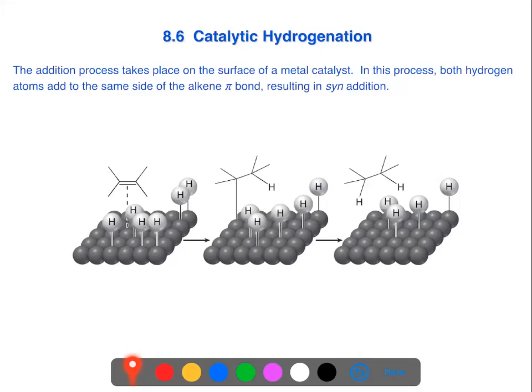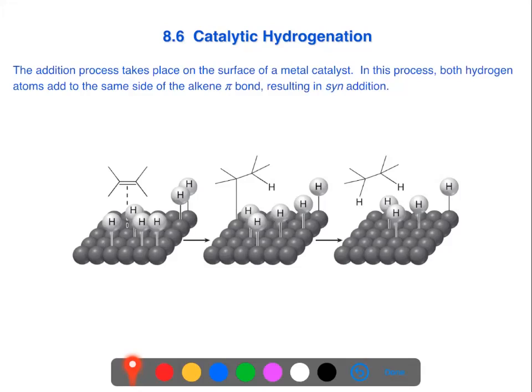It's at that point that there's no longer that strong association of the newly formed product, the alkane, with the metal surface, and so it will basically leave that surface. So this is, again, just a general look at how this occurs, but it happens in a stepwise manner. And like I said, it most likely involves radicals in the formation of these new carbon-hydrogen bonds.